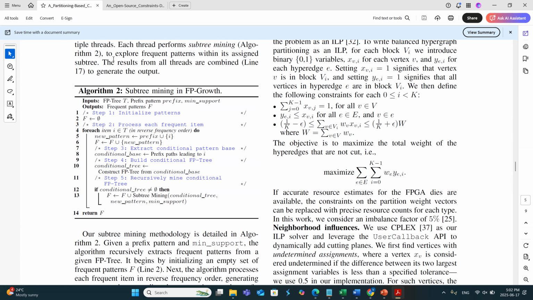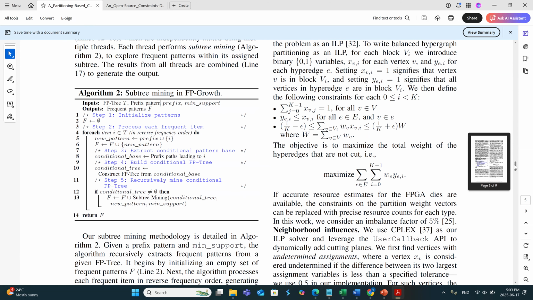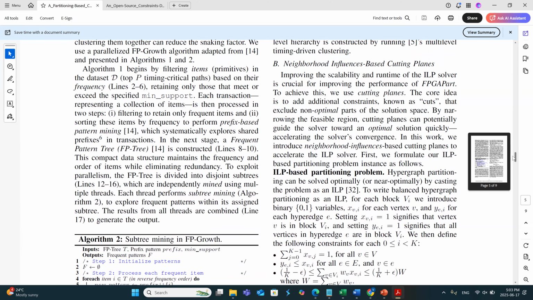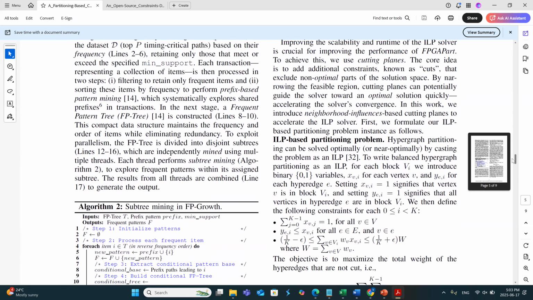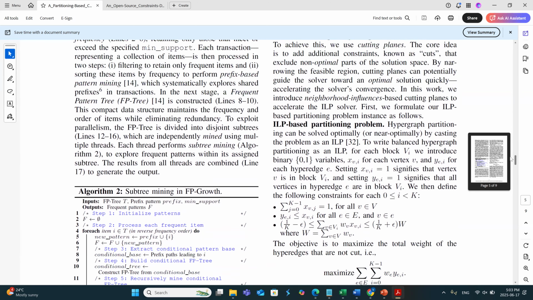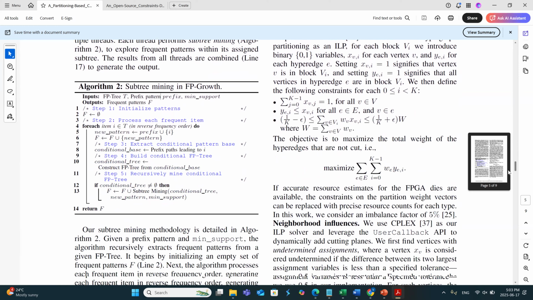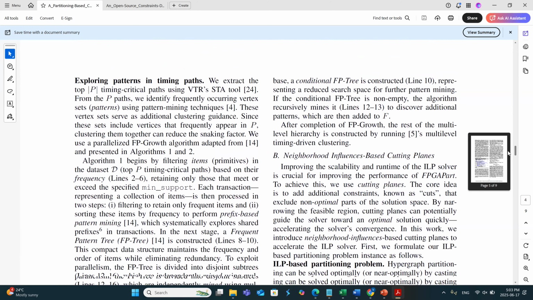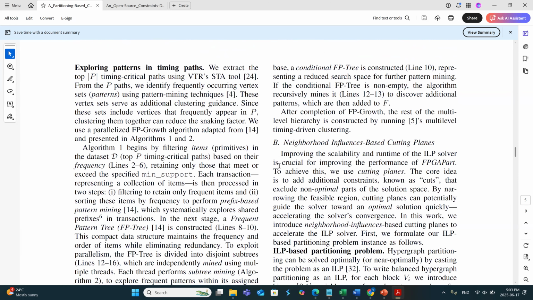I confess I do not fully understand exactly why they're doing that. Yeah, it's kind of interesting. That's another enhancement where I think it's being done for speed.